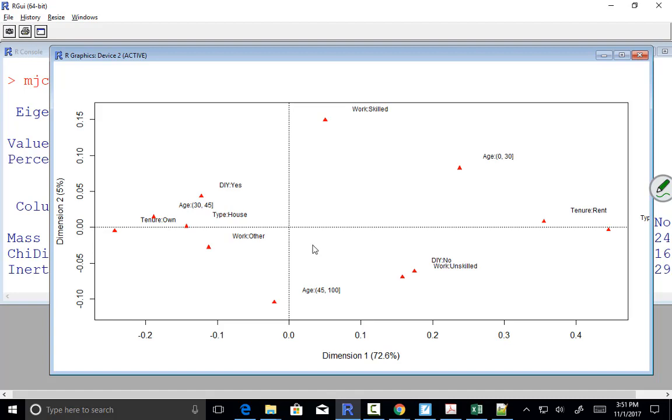So what I do is with my big multivariate data set, I do PCA on the numeric variables, I do clustering on the numeric variables, I do correspondence analysis on the categorical variables. That's my exploratory analysis of the data.